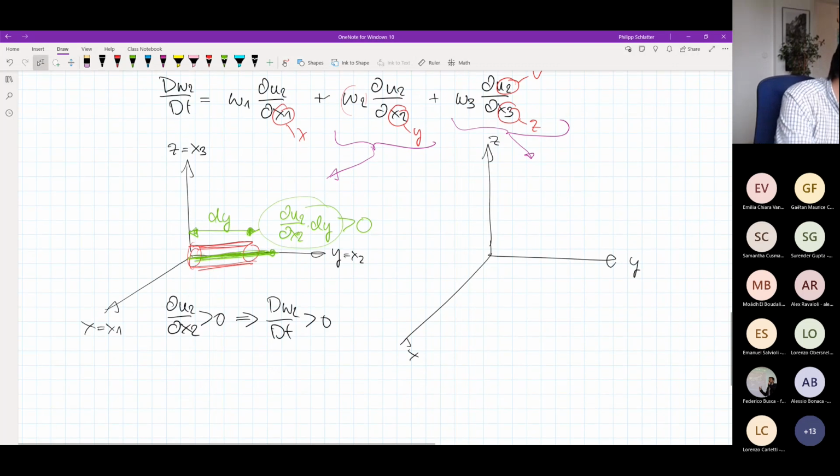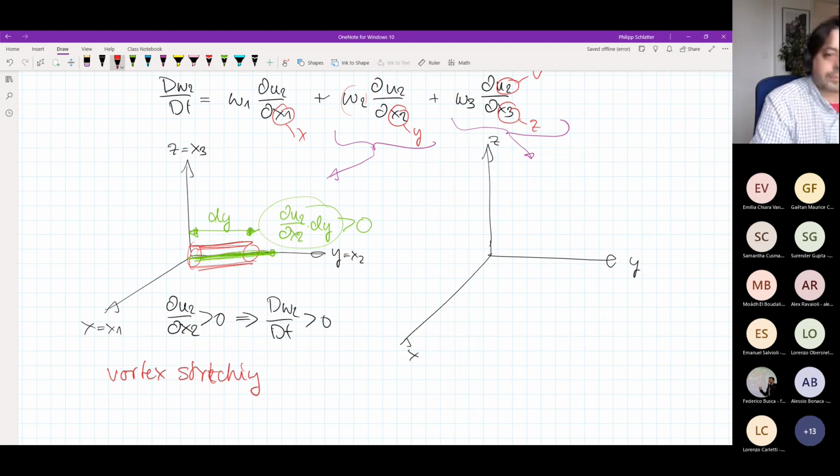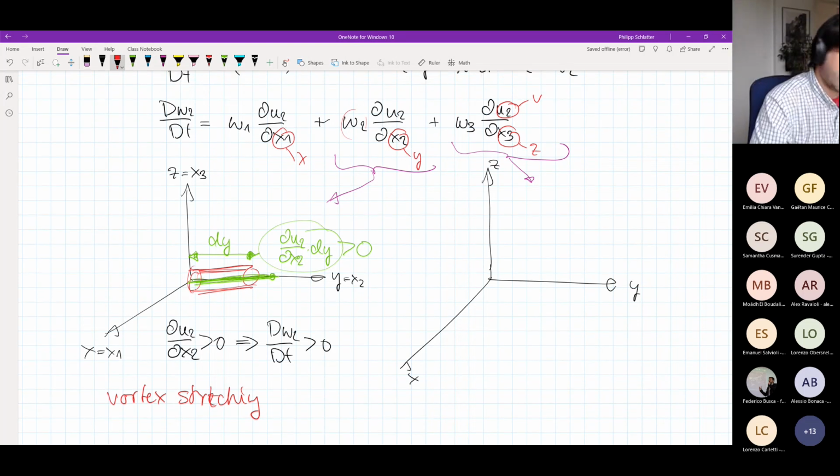So what happens here on the diagonal, the middle term, is called vortex stretching, because I have a velocity gradient in the direction of the vortex, which would increase the amplitude of this vortex. That is what's happening with the term in the middle here.